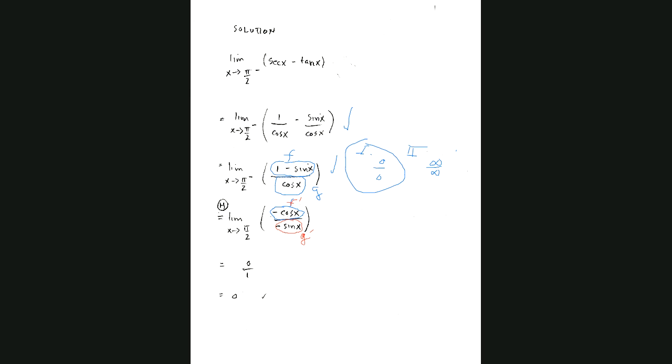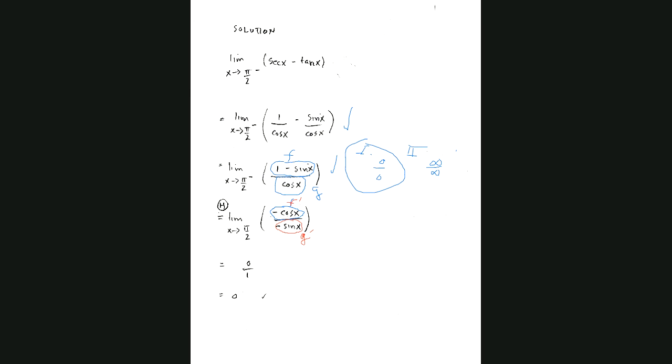So now, is this a determinate form? Is f prime over g prime determinate as x approaches pi over 2? It is, and by the way, if it were still indeterminate, we would have to use L'Hopital's rule again. Sometimes you have to apply L'Hopital's rule 2 or 3 times until you get the limit in determinate form.